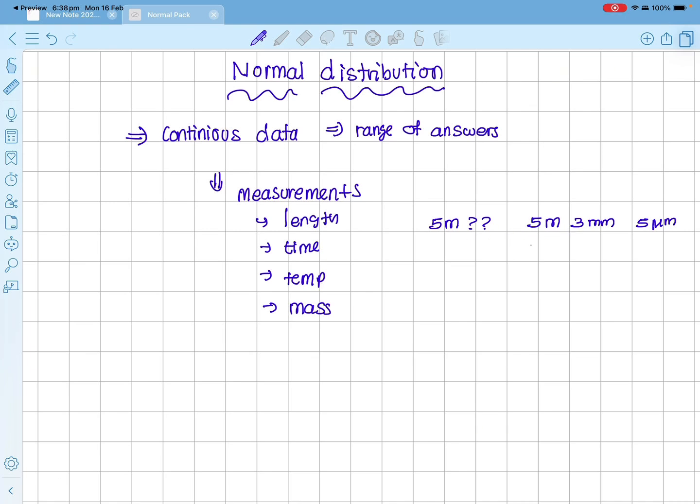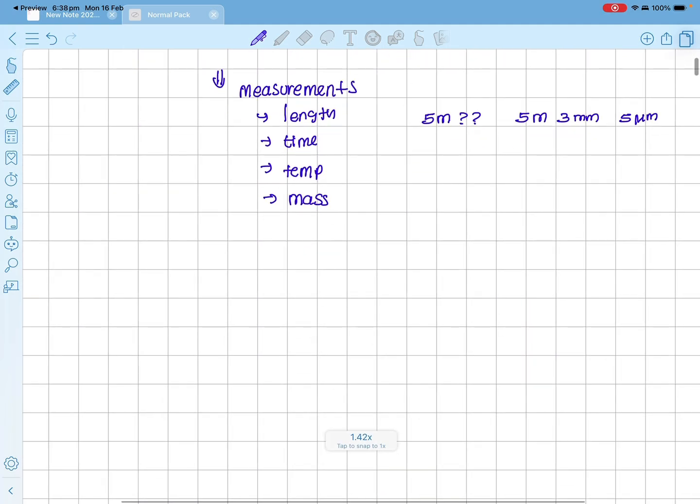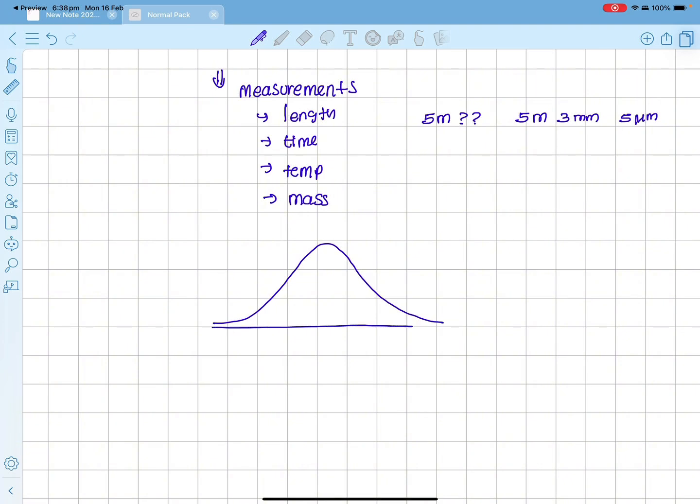So this type of data we are going to distribute using normal distribution. When I do normal distribution, the idea is this: we can distribute a specific data using this curve. So in a class, let's say I had 20 children and I'm trying to calculate their heights.